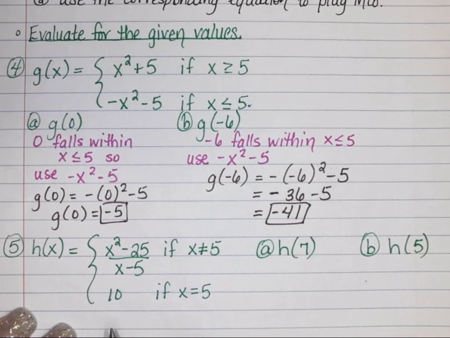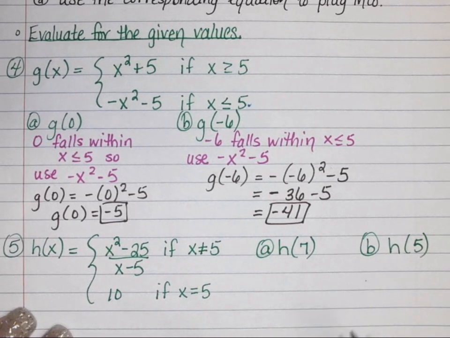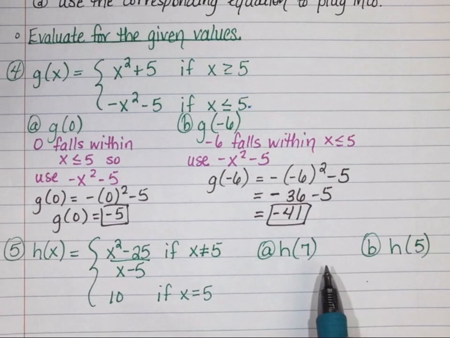But you're going to love this one. If they give you 5 or ask you to find h of 5, your answer is 10. So they're telling you, hey, your function value is 10 when x is 5. So there's no work to that one. So hint, hint, I've already told you the answer to B. Part A, h of 7.